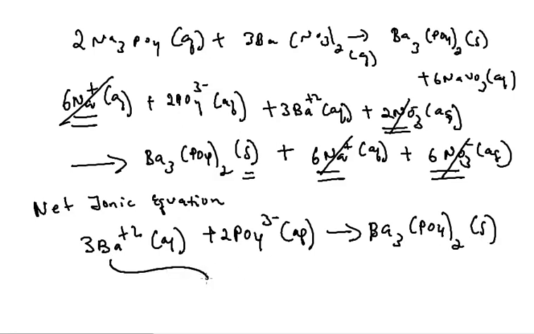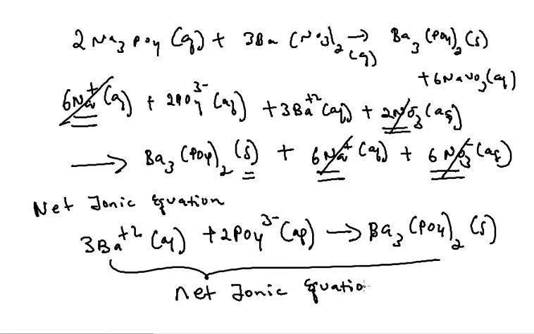So this whole reactant and product is called the net ionic equation. This is a small piece, but it's a continuation of the previous video. In the next video I'm going to discuss the solubility guideline. That's very important, especially in the precipitation reaction.